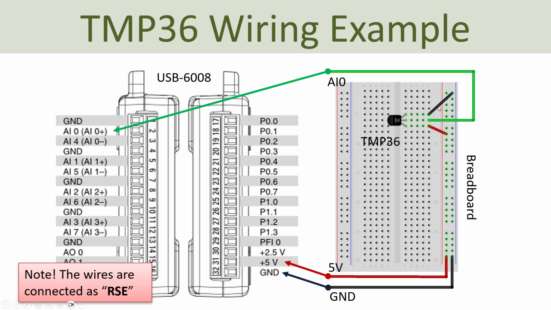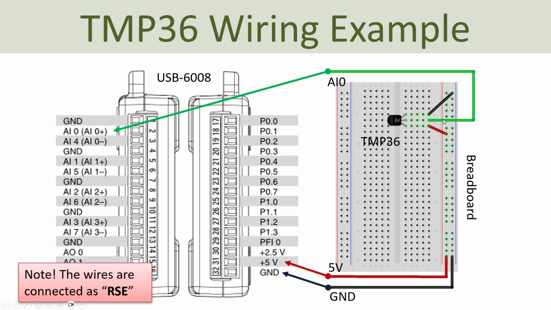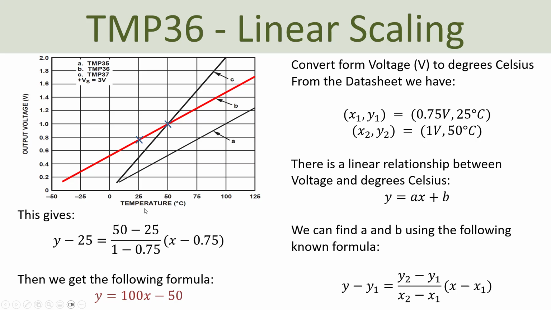And also the output of this green one, the signal pin, is a voltage value that needs to be converted to a value in degrees Celsius. From the data sheet of this TMP36 temperature sensor, you will find the relationship between the output voltage that you read here on the analog input 0 pin in this case, and the temperature in degrees Celsius. It's a linear relationship.